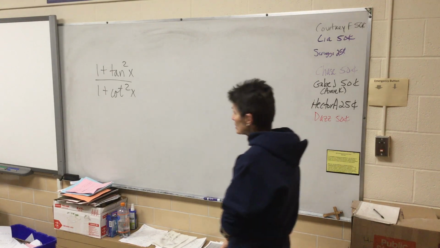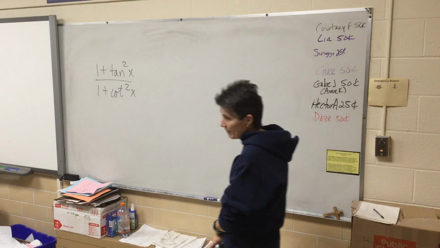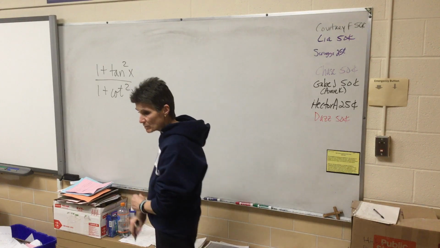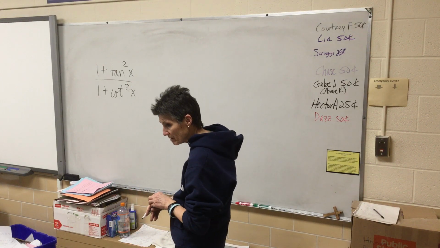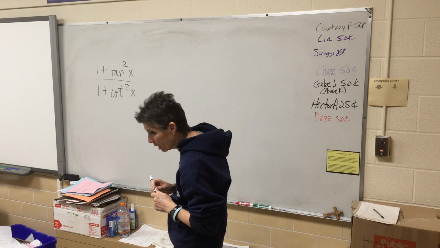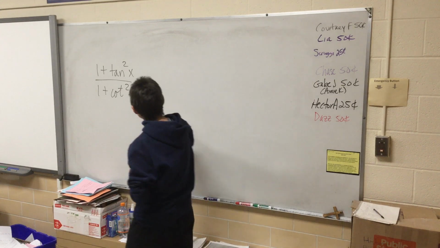Okay, so look at that numerator. Have you ever seen that before? Like on your colored sheet. It equals secant squared. It does.